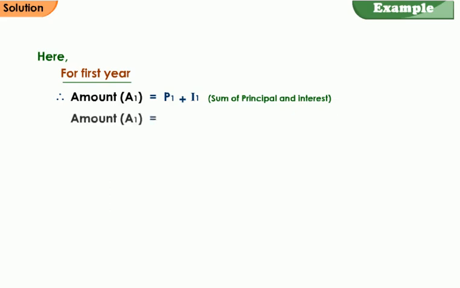Now for the second year, principal P2 will be equal to the amount of the first year, that is rupees 8,480.